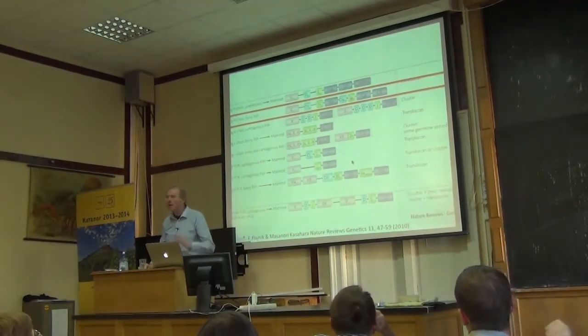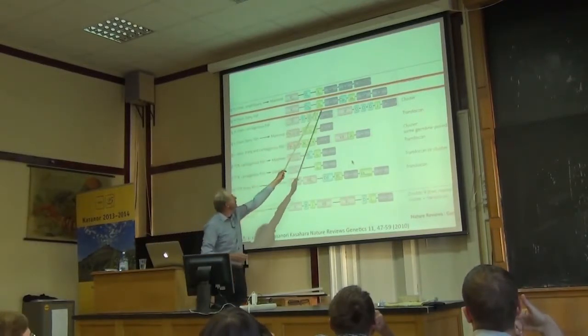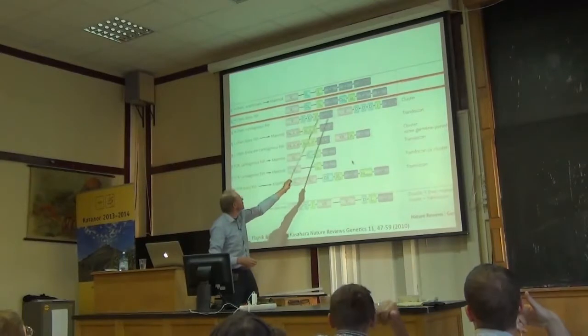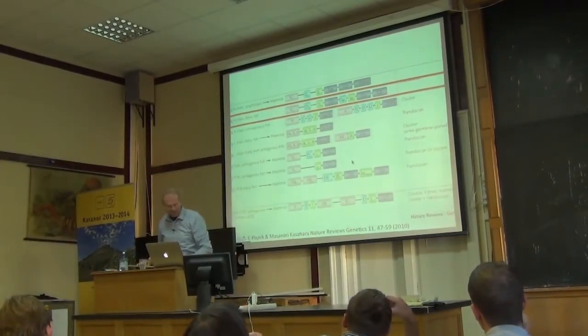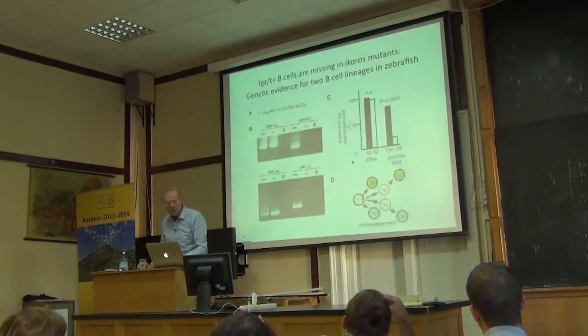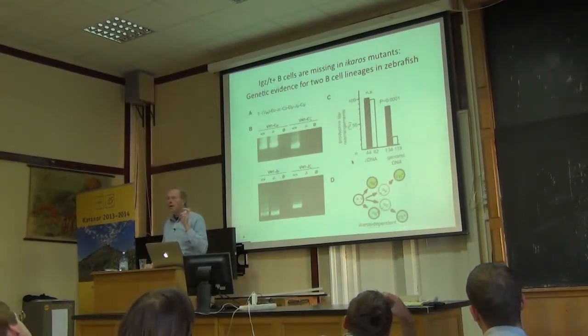And you might say, okay, this is just chance. When the recombination goes, it begins at the V and either uses this and goes to here, or it uses this and goes to there. And you might say this is just chance. And I probably would have agreed with this, until we had studied the phenotype of this fish mutant that had a mutation in this Icarus transcription factor.